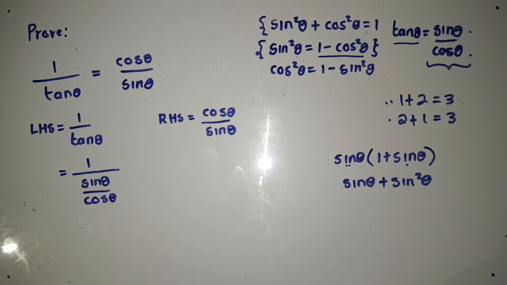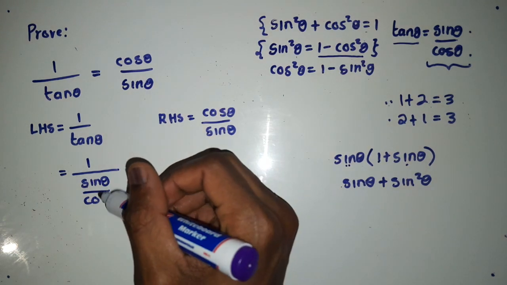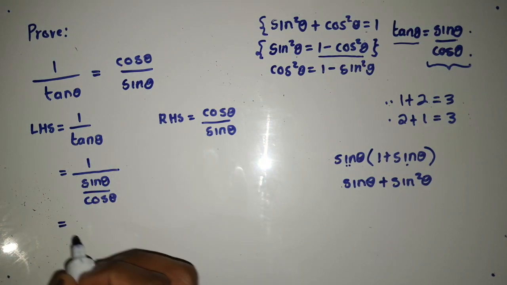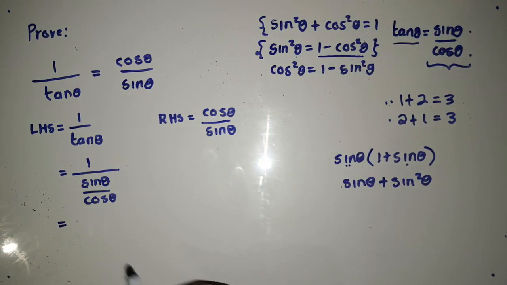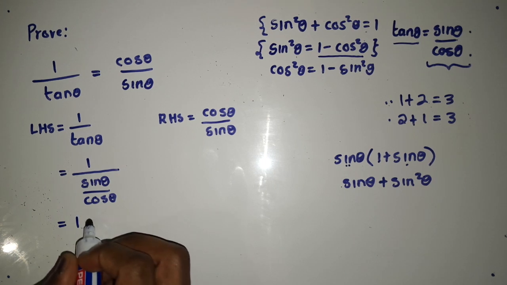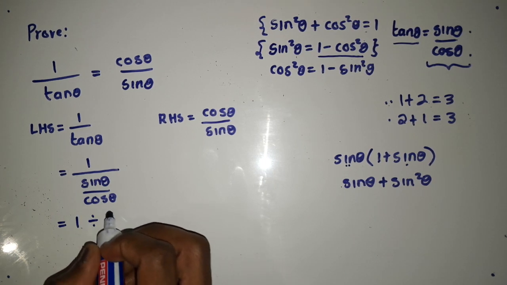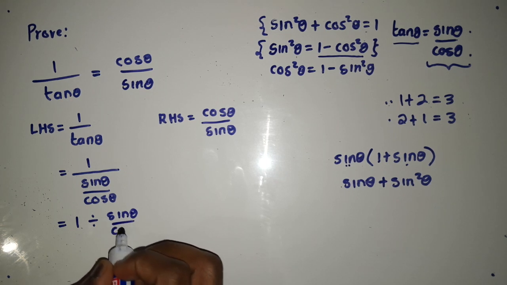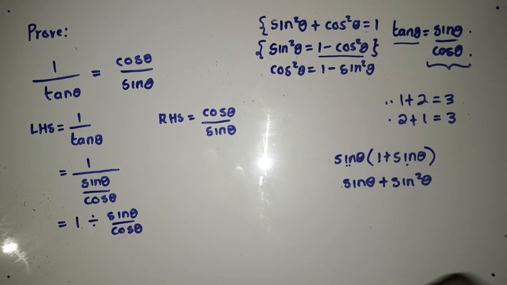You see? It's like in a way we have two divisions. To make this thing look much simpler for you, write 1, then divide by sine theta all over cos theta. It is much simpler like this, you see.